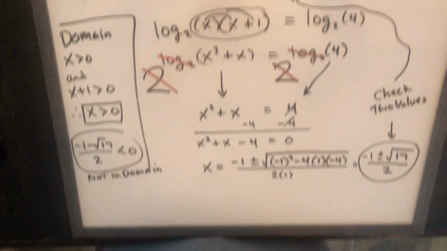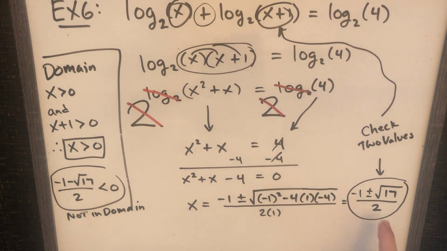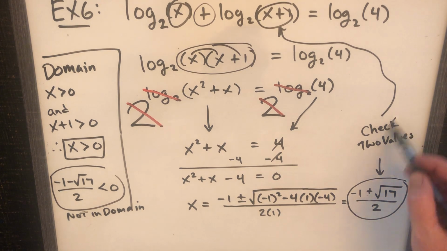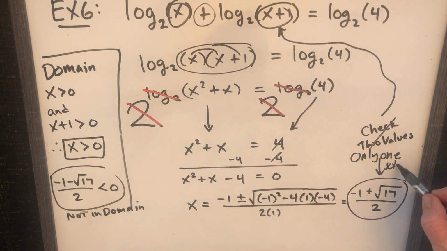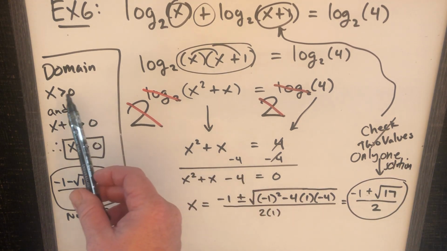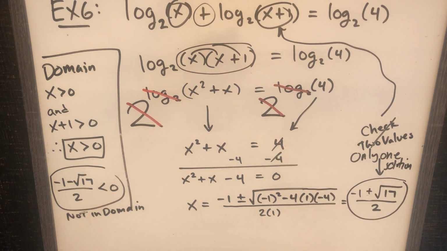That value is not in our domain. So we do not get two values. We are only going to get one solution. Because our solutions must lie in the domain of the logarithmic function that we started with. So your only solution is negative 1 plus the square root of 17 over 2.